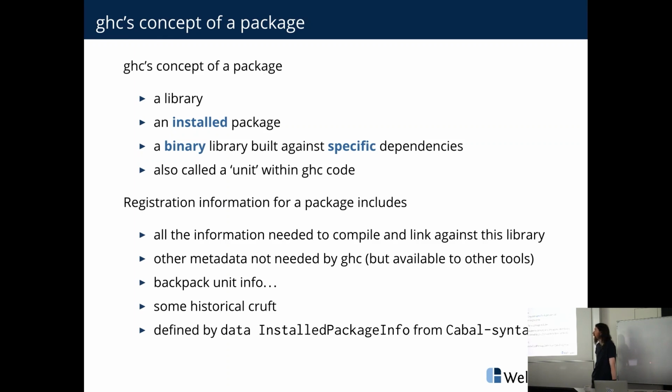The input to GHC package is a human readable text file. You can just fill in the details. You can look at the examples that Cabal generates for you, and you could just change it, write your own. I think the way that GHC's build system generates the input to GHC package is completely different, and it has some file template substitution business.